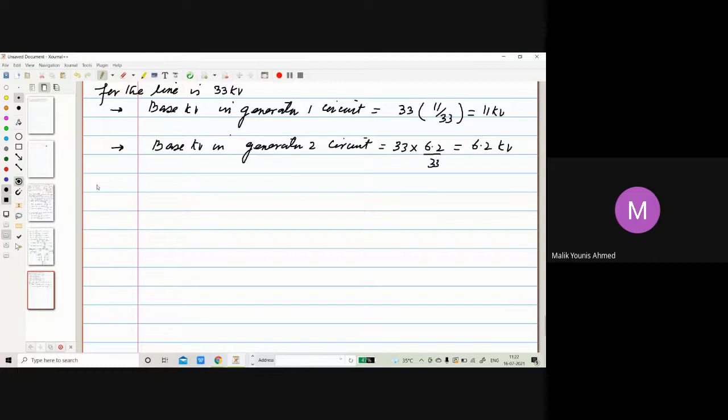Now again, we'll be doing the same practice. We'll now convert all parameter values to per unit on the common system base specified.